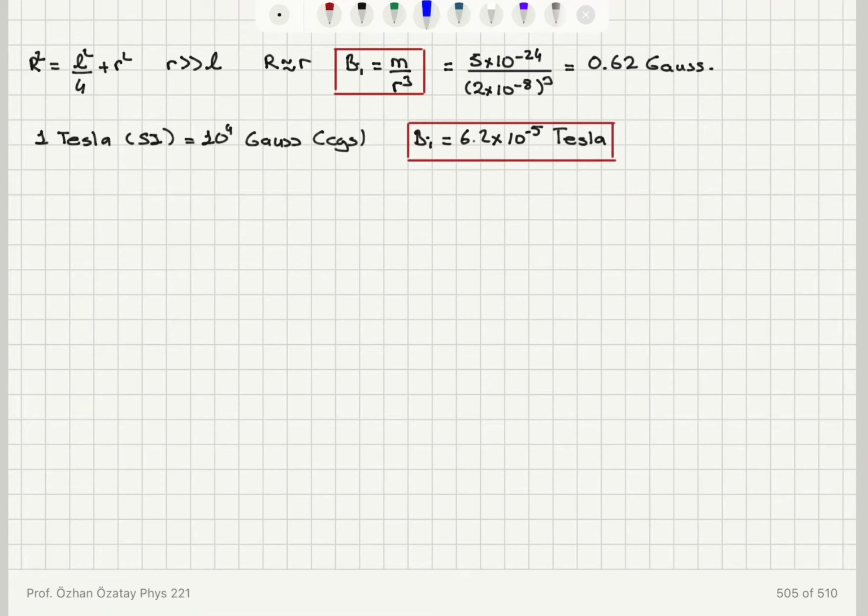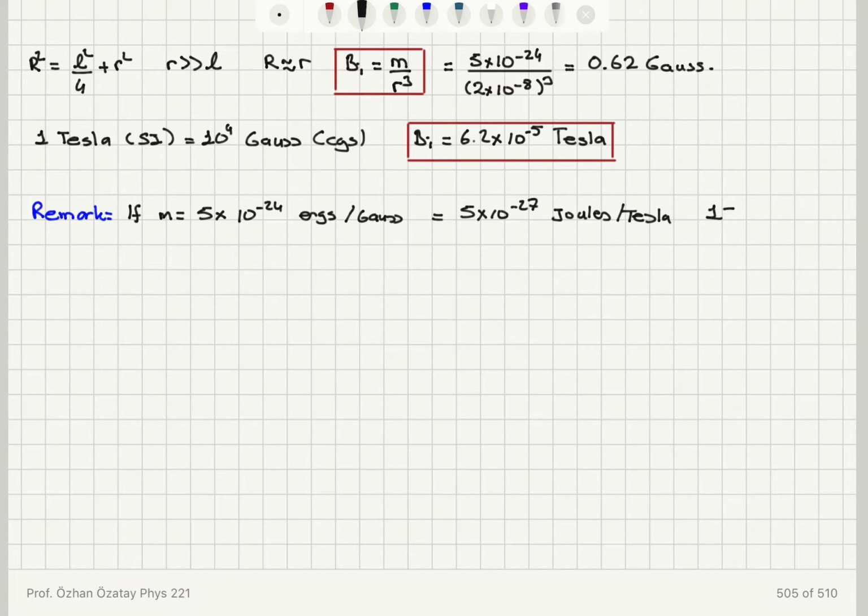So let me put a remark here. If you try to convert these units to SI units to start with, if M is equal to 5 times 10 to minus 24 ergs per Gauss, that is equal to 5 times 10 to minus 27 joules per Tesla.